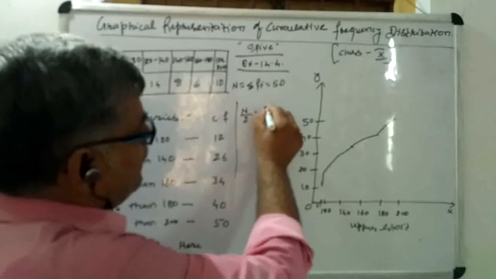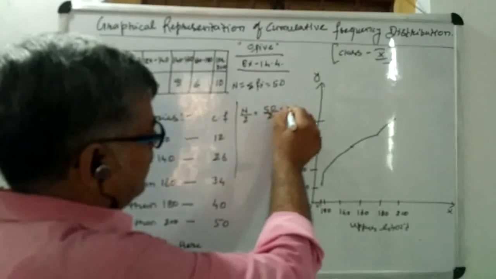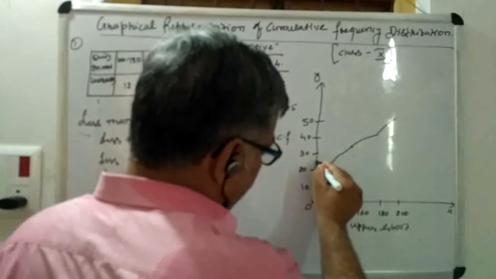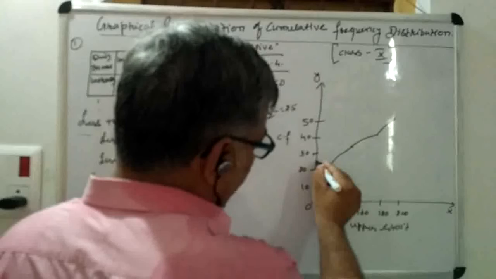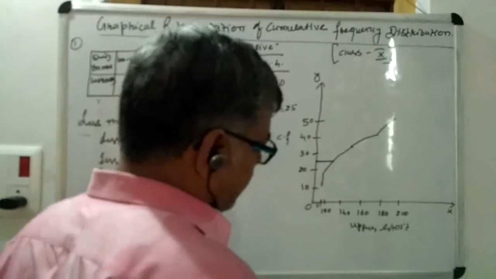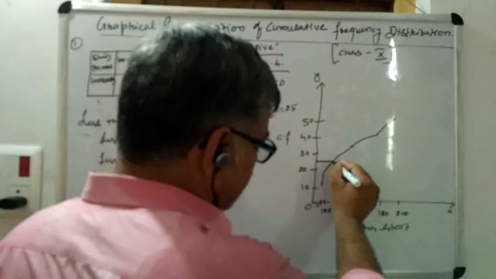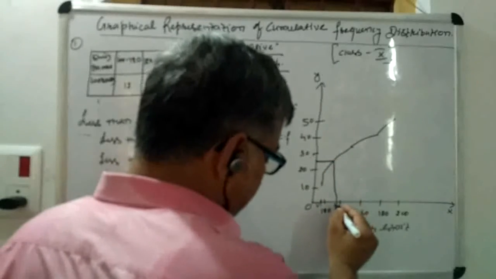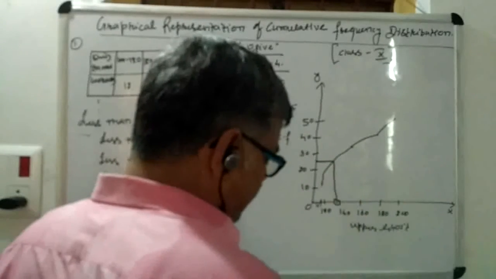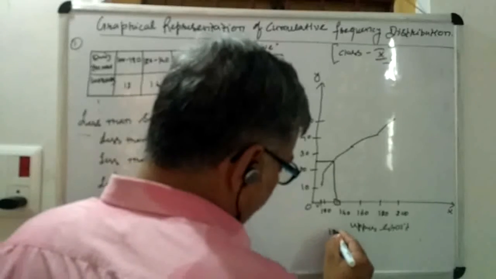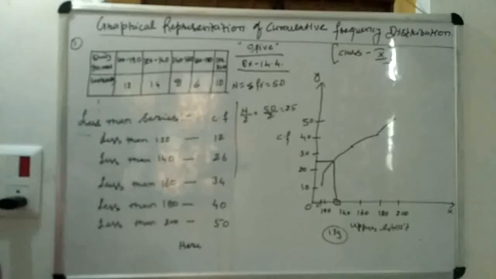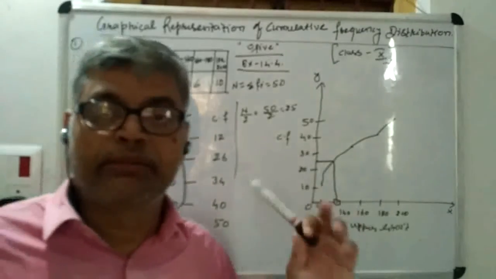N by 2 will be 50 by 2, that is 25. Now suppose your 25 is here. So when you produce a line parallel to the x-axis, it will intersect here, and from this point draw a line parallel to the y-axis. Then this point, I think 139 approx, is the median of this distribution.